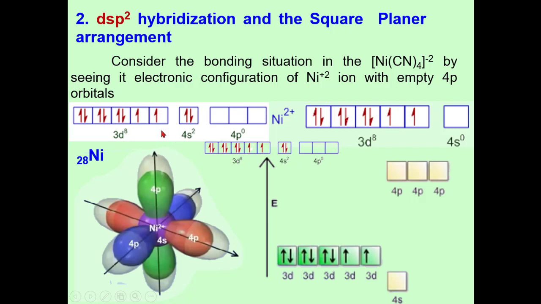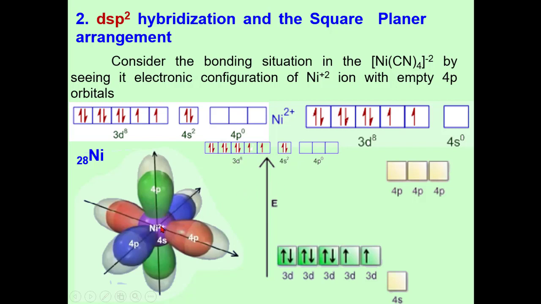This is the ground state electronic configuration. When two electrons are lost, basically the 4s2 electrons, these are called the valence electrons, and they are lost, making the 4s orbital empty.